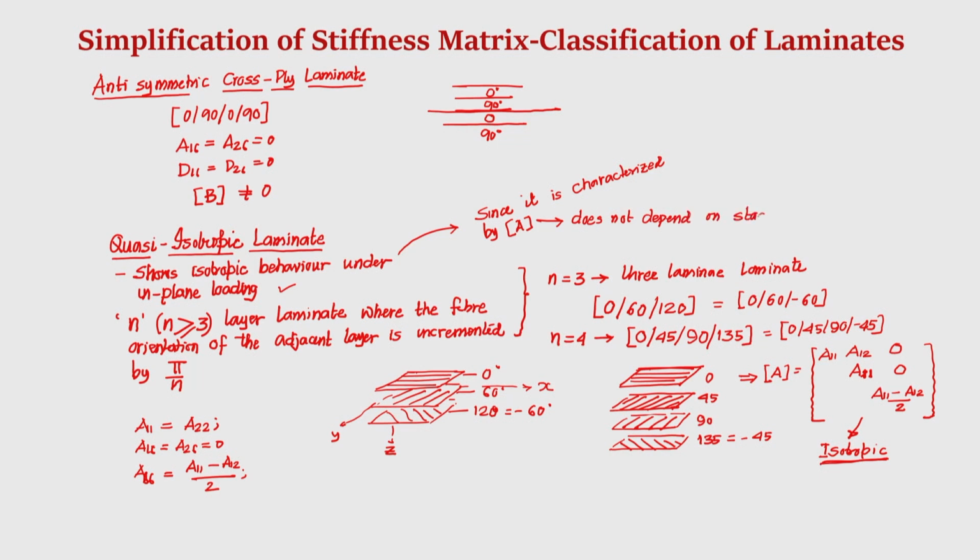We have discussed this in detail earlier. It is only decided by the number of layers, their properties and the thickness, not by how they are stacked. Therefore, if 0, 60, minus 60 is quasi-isotropic, then 0, minus 60, 60 is also quasi-isotropic. Is that clear?